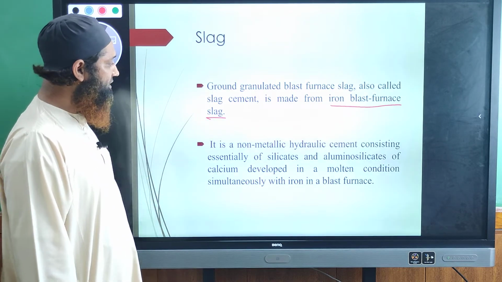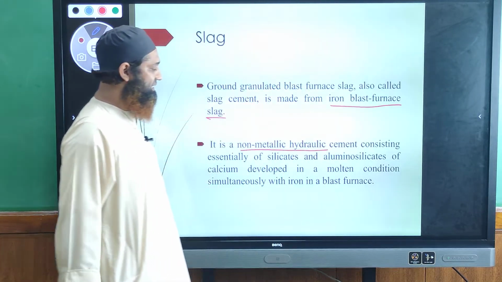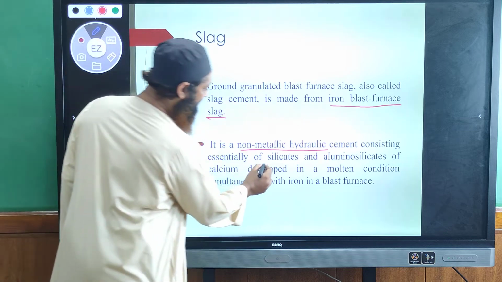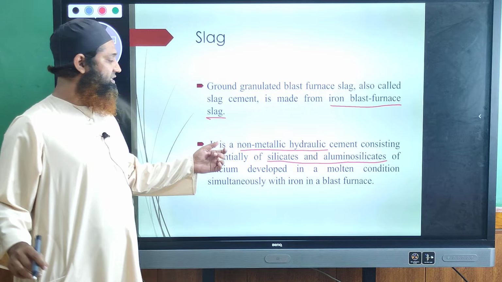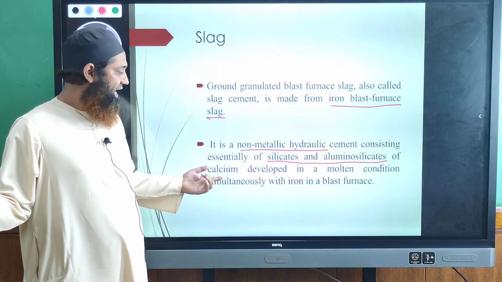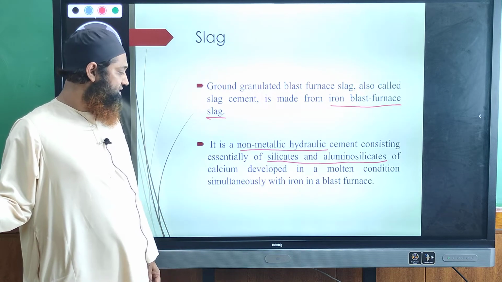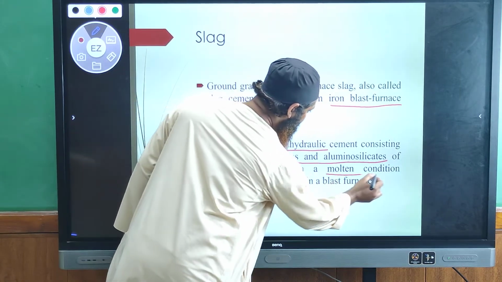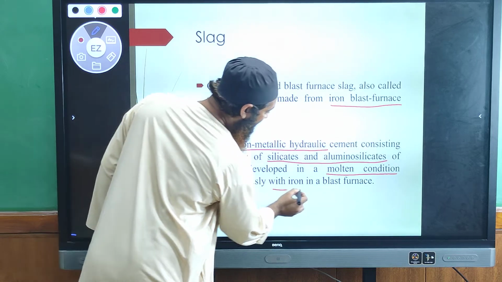It is a non-metallic hydraulic cement. It is non-metallic, it doesn't contain any metals in it. It is a non-metallic hydraulic cement consisting essentially of silicates and aluminum silicates of calcium, developed in a molten condition simultaneously with iron in a blast furnace.